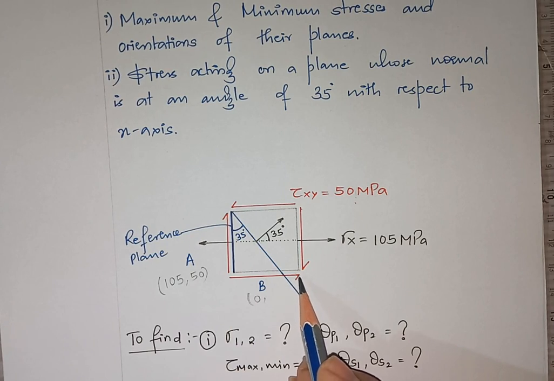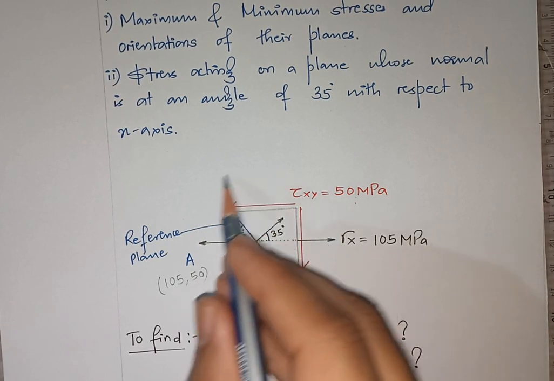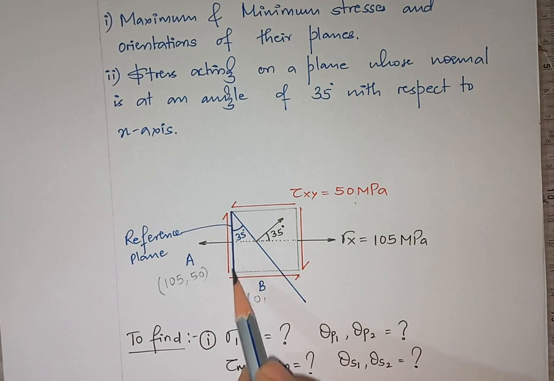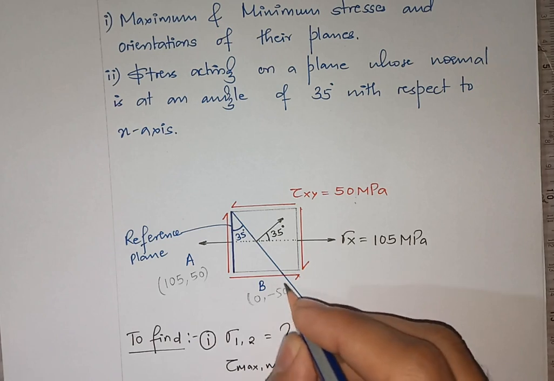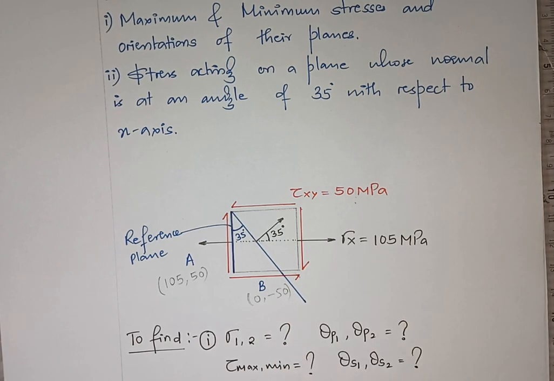Whenever there is an anti-clockwise direction, I take it as negative, so it is minus 50. So the coordinates of A are 105 and 50, and coordinates of B are 0 and minus 50. First coordinate indicates normal stress, second coordinate indicates shear stress. So with this knowledge, let us go to the graph and plot these values.